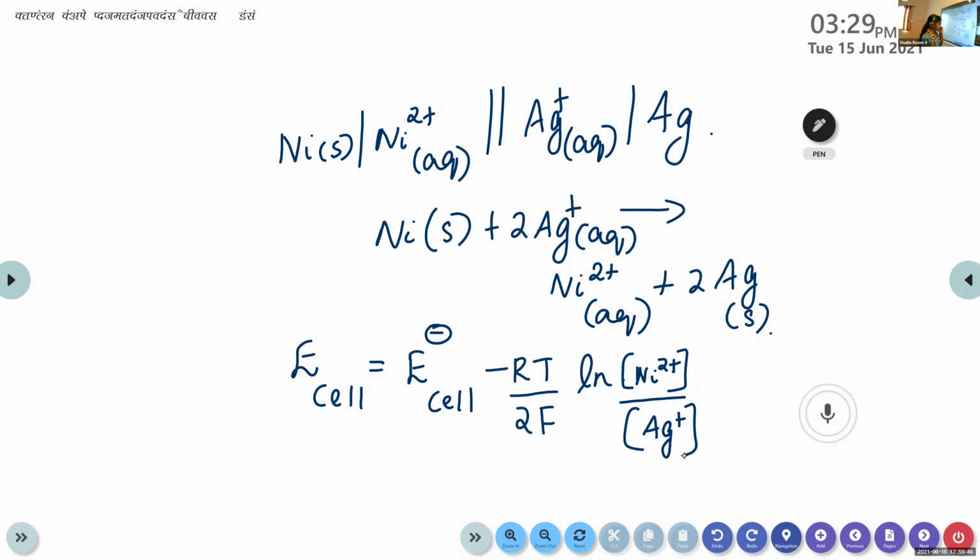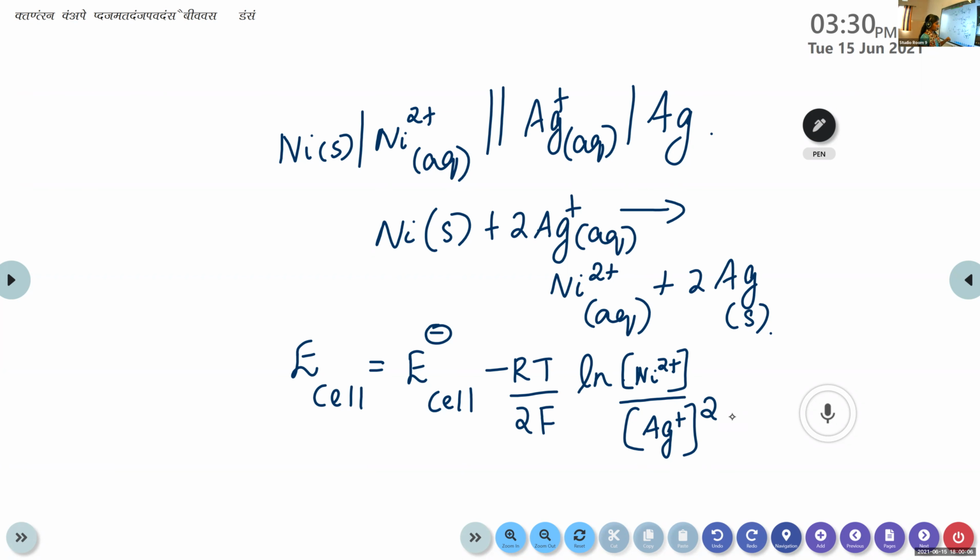Ag+ raised to 2, right? Here it is 2 Ag, but you should write it as Ag+, then here you have to put the power 2. The powers should be the coefficients from the above equation.